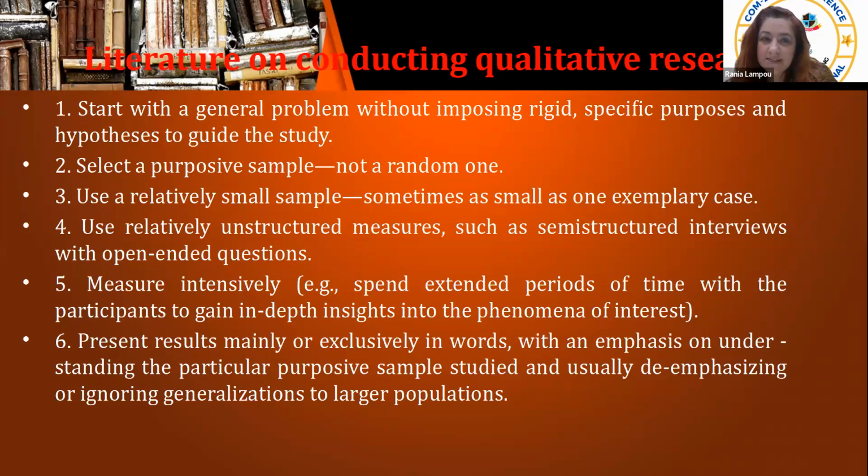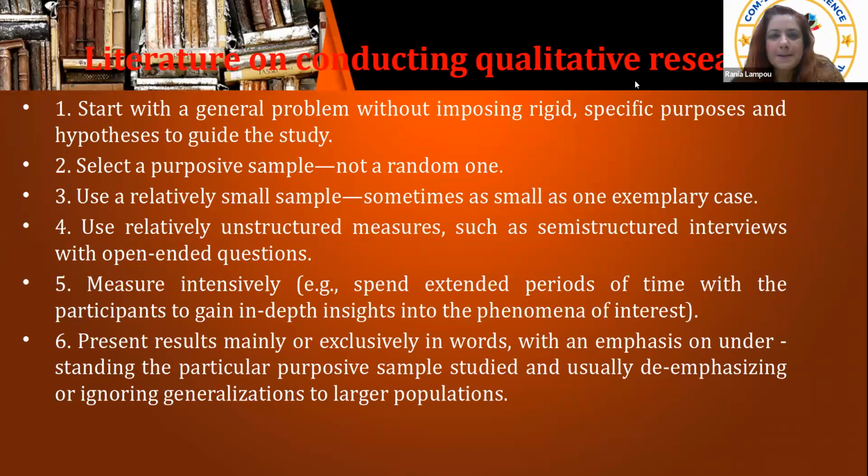And some guidelines on how to conduct qualitative research: start with a general problem without imposing a specific purpose and hypothesis to guide the study. Select a purposive sample, not a random one. Use a relatively small sample. Measure intensively. Present results mainly or exclusively in words, with an emphasis on understanding the particular purposive sample studied.